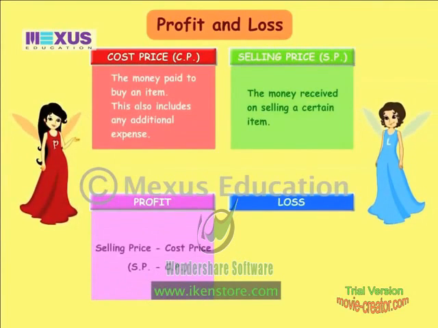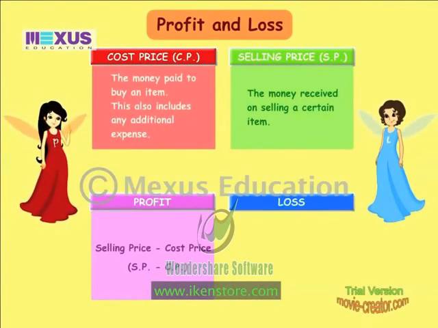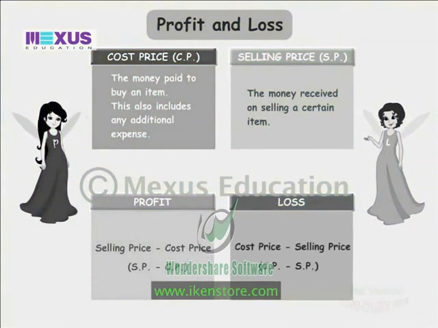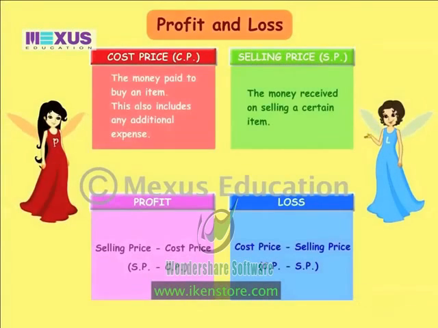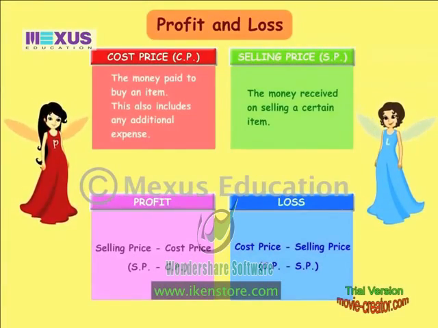Profit is the difference or the amount of money left on subtracting the cost price from the selling price. To make a profit, the selling price should always be higher. Loss is the difference or the amount of money left on subtracting the selling price from the cost price. In a loss, the cost price is always higher.